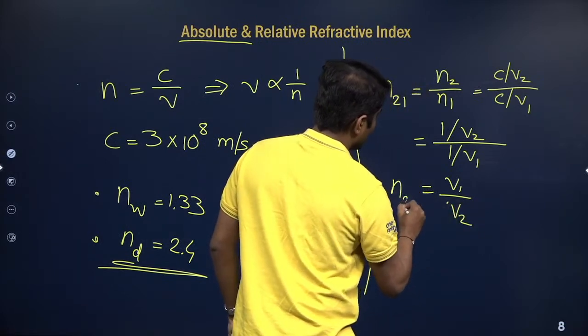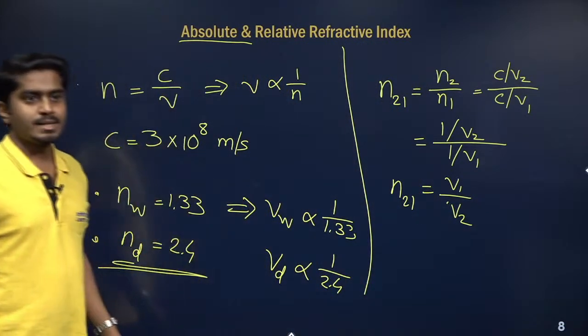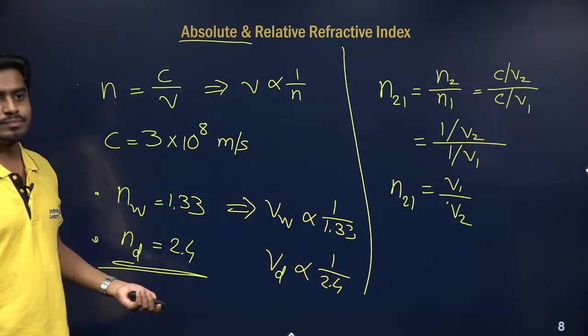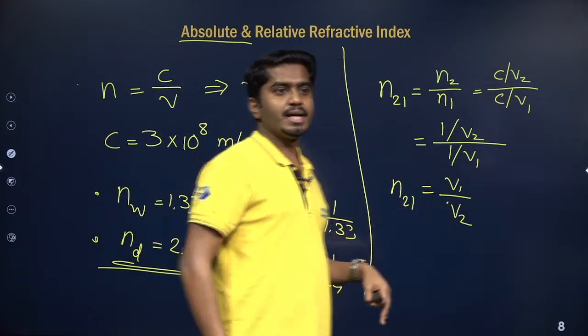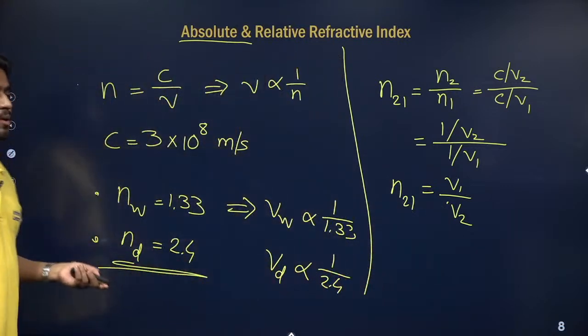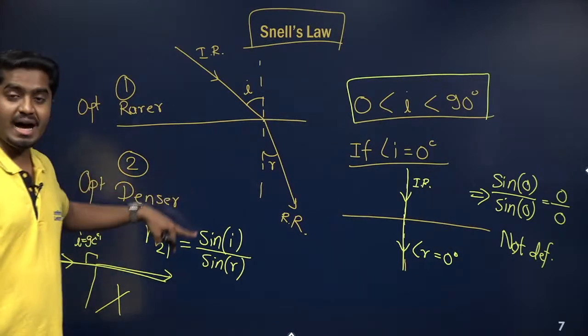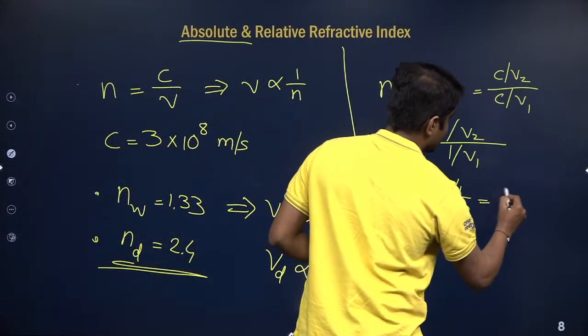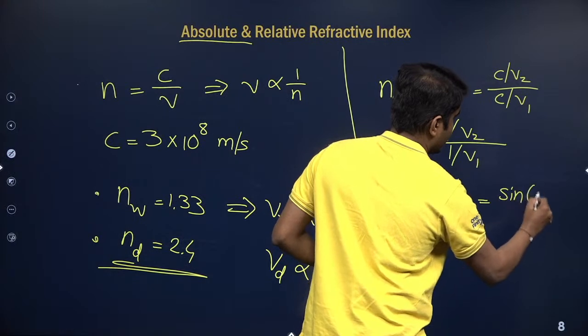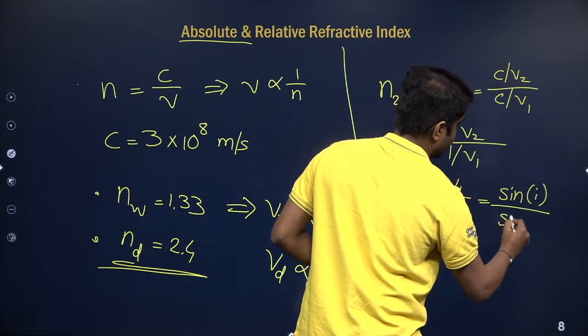This is n21, correct? And it is v1 divided by v2, not the other way. Okay, Vishnu? You remember Snell's law? We have sin i by sin r. So you can combine here. So this is sin i by sin r.